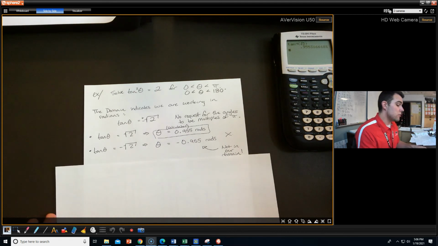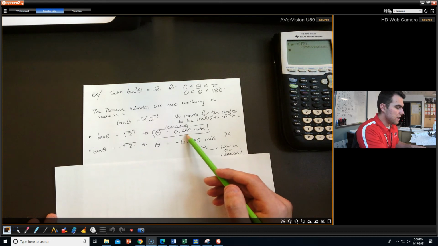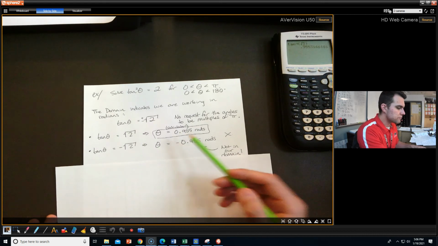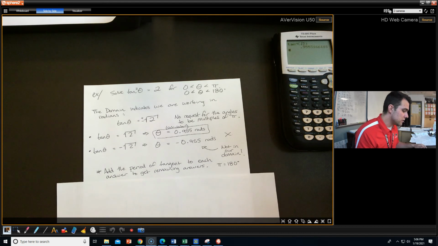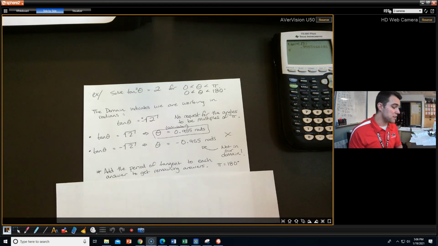All right, so now I have this guy, but now I'm not really sure if I have all the angles, right? So what could I do? Maybe I could utilize reference angles. The other thing we could do is we could actually just add the period of tangent to each answer to get remaining answers.